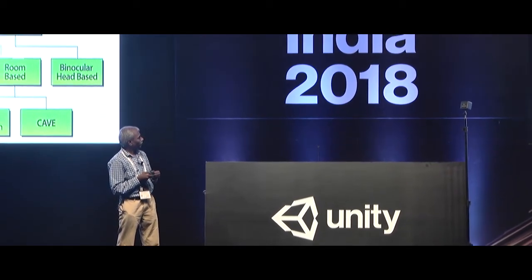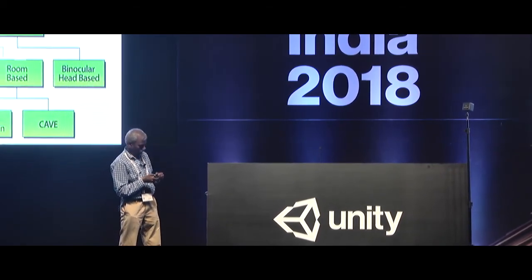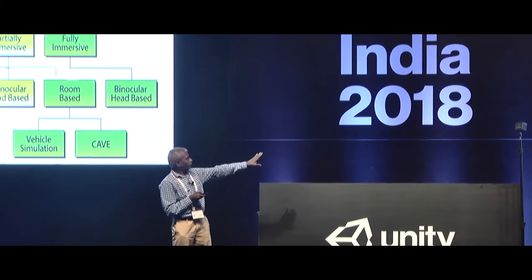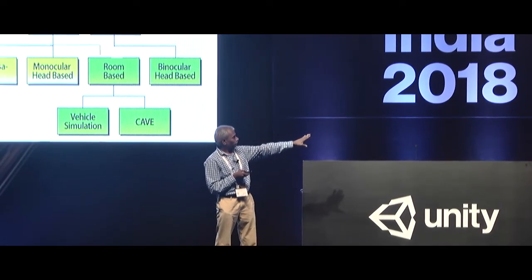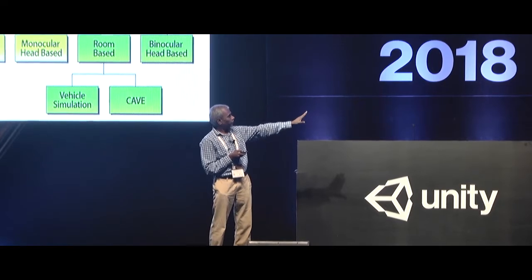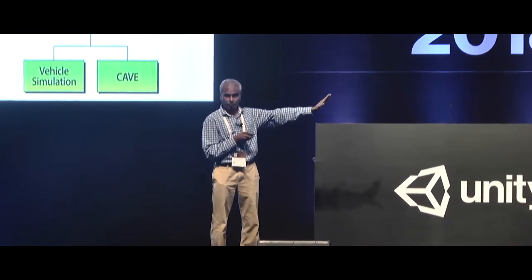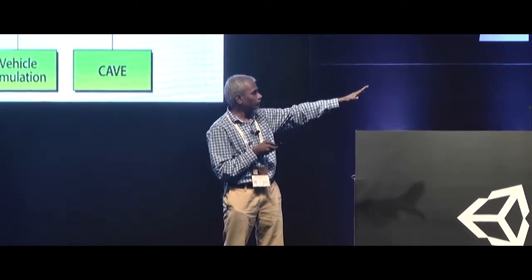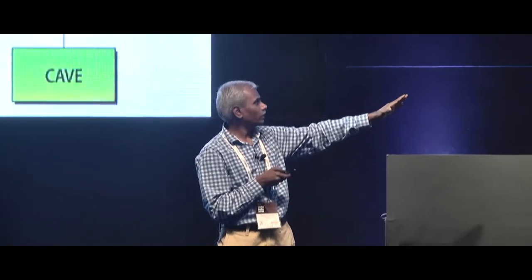As far as immersion is concerned, the CAVE could be part of the fully immersive systems. But as far as interaction is concerned, the CAVE could be part of the partially interactive systems. I'm going to explain this slightly later, but I just wanted to emphasize that interaction and immersion can make a lot of difference in classifying virtual reality systems.